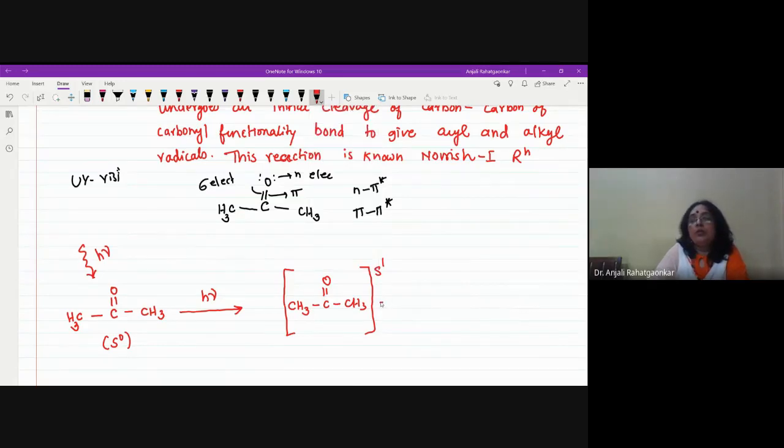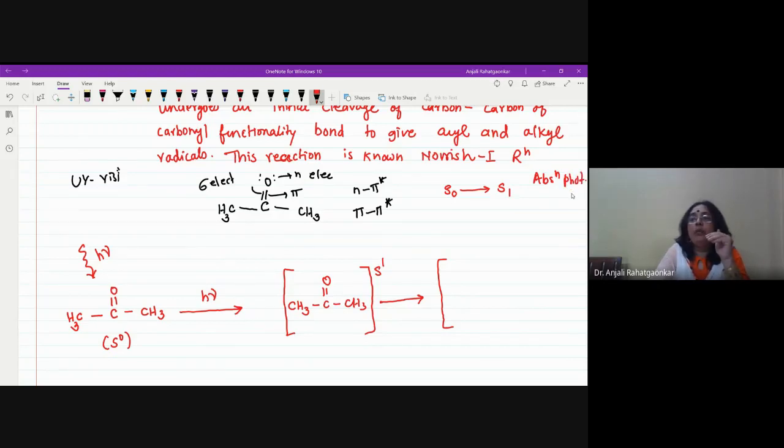Please remember the Jablonski diagram: whenever there is an excitation, how many possibilities are there? Here I am using this type of transition, S0 to S1, which represents the absorption of the photon.